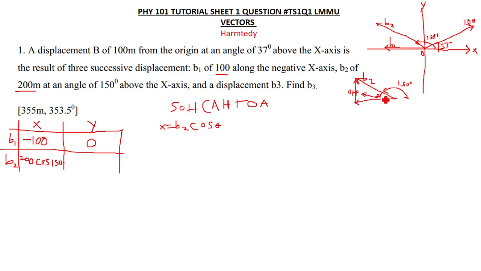So to find the opposite given the hypotenuse, we're going to use SOHCAHTOA, meaning we've been given the opposite and the hypotenuse, so we're going to use sine. So we'll put 200 sine 150.